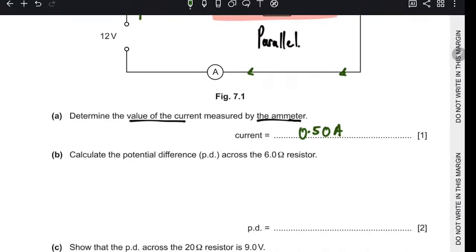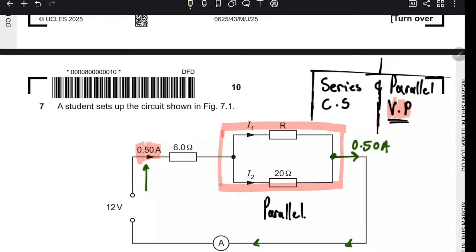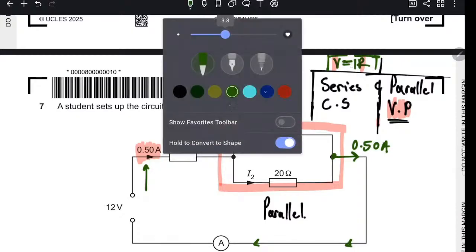Now they say calculate the voltage across the 6 ohm resistor. Now what we know is that circuits are all about you using Ohm's law. You're going to use Ohm's law many times. V is IR. You have two things, either V and R, or V and I, or I and R, and you'll be finding the other one.